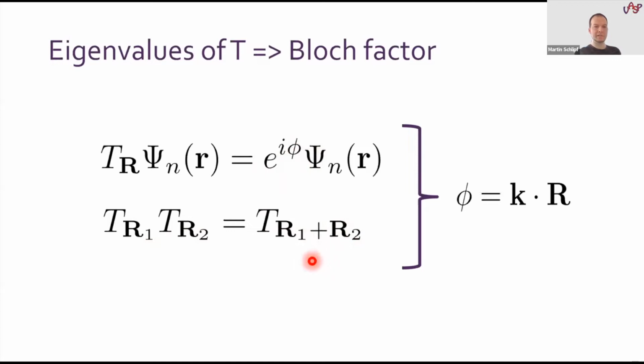One way we can achieve this is simply by taking a scalar product of the real space lattice vector with a newly introduced vector, and this vector we will then call the Bloch vector. So now we know that translating the orbitals changes the orbitals just by a phase given by the product of this Bloch vector times the lattice vector.